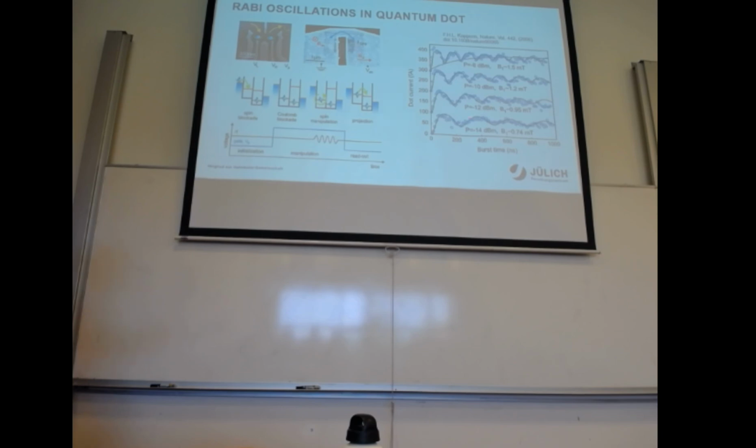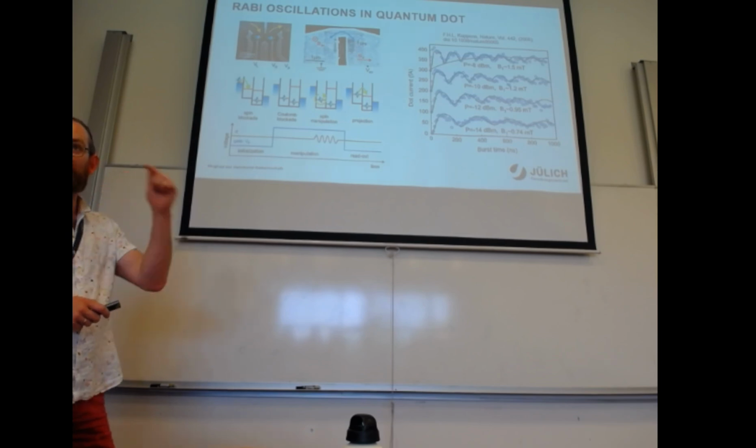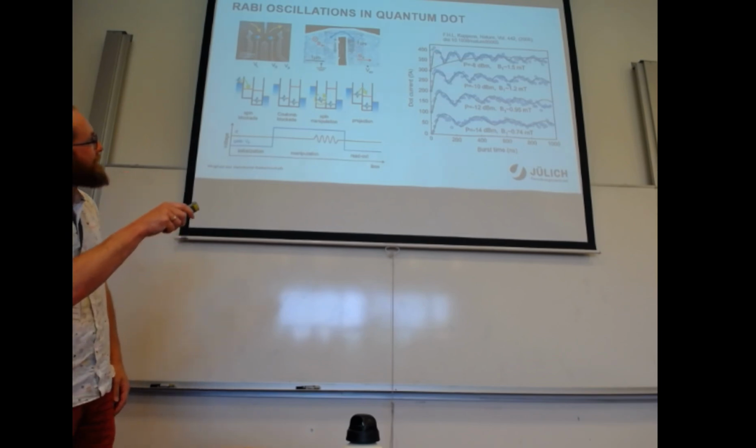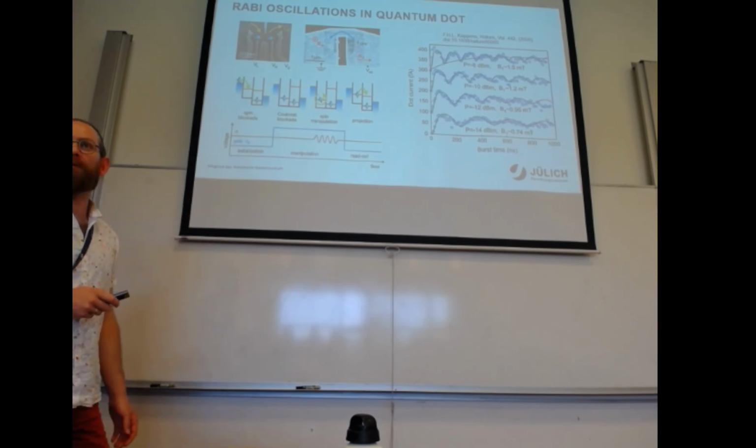There is a square root difference between power and effective magnetic resonance field. But really, the power difference on this axis tells you the strength of the driving field, so how fast your Rabi oscillations are. You can see that as they go up in power, the frequency increases.